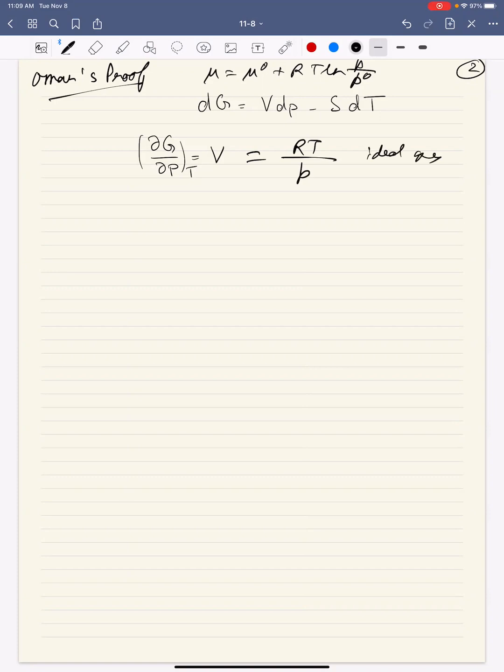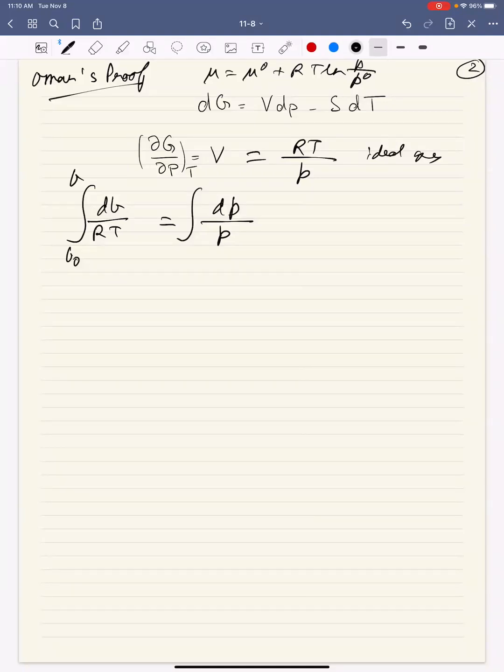Then I can integrate it. Then I will say dG by RT is equal to dP by P. So at constant temperature. The reason, Alex, we don't have mu dn here is because I'm talking about a single component ideal gas.